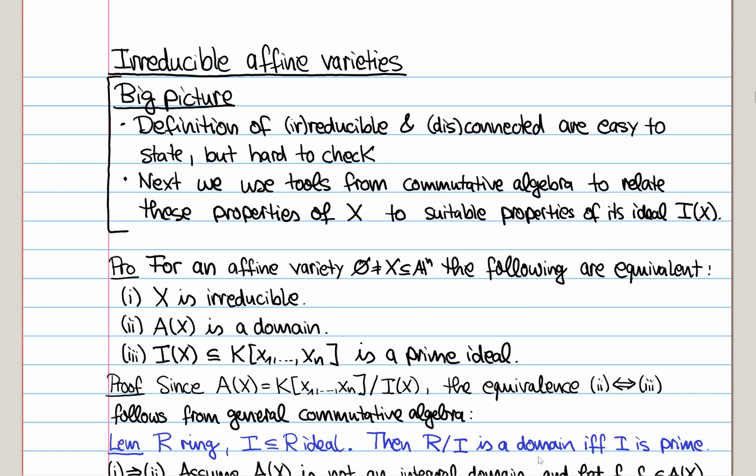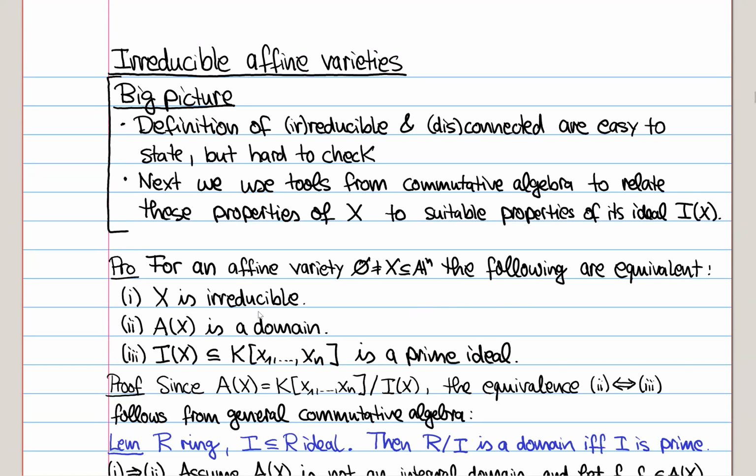That's not a deep lemma. You basically just plug in the definition of being a prime ideal and the definition of being a domain, and then it's a two-line argument. So that these two are equivalent is not a surprise, and this could have been a commutative algebra lecture.